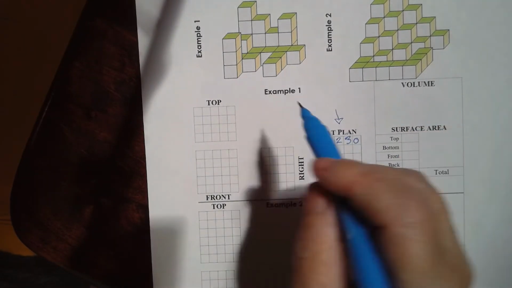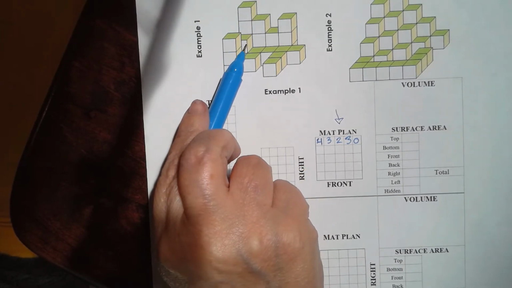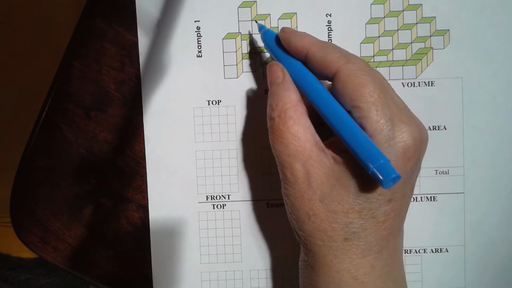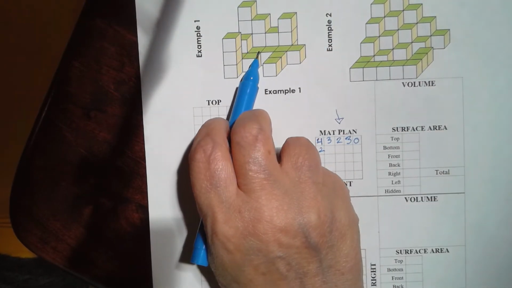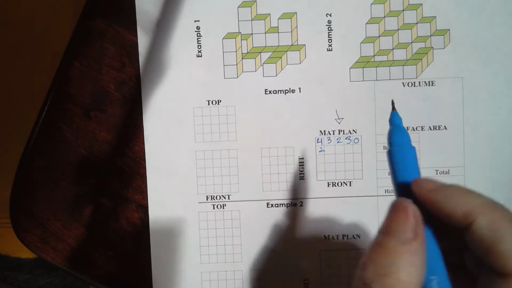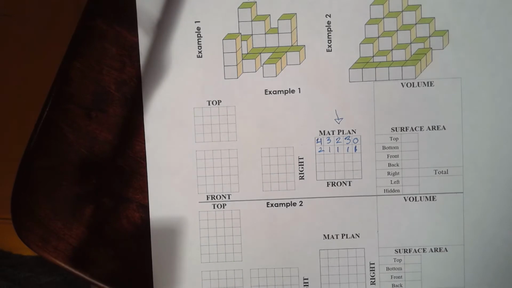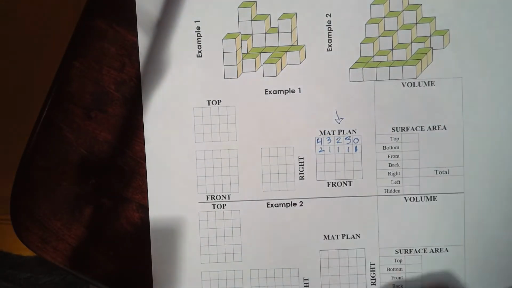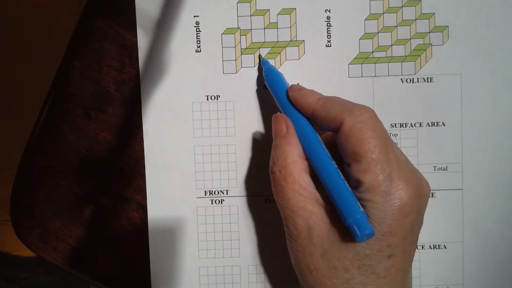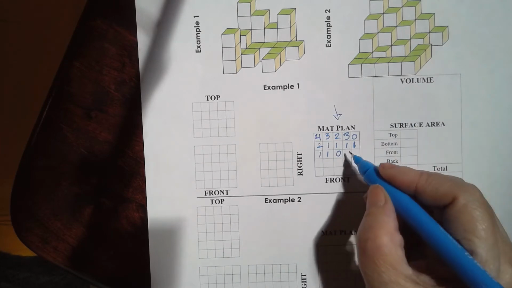Then in front of this stack of 4, I see that the next stack has only 2 in that stack. And next to that, there's only 1, 1, 1, 1. And then in front of the stack of 2, I see there's only 1 here and 1 here. There's none right there, so we put a 0. Then we have 1, and then we have 0.